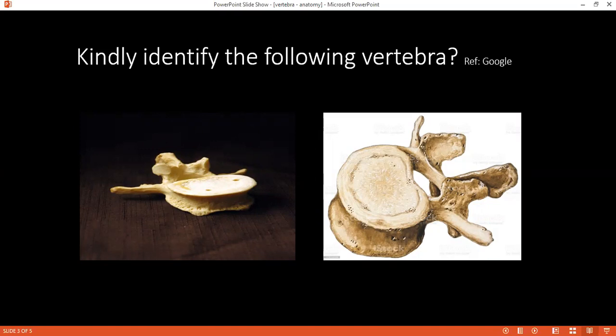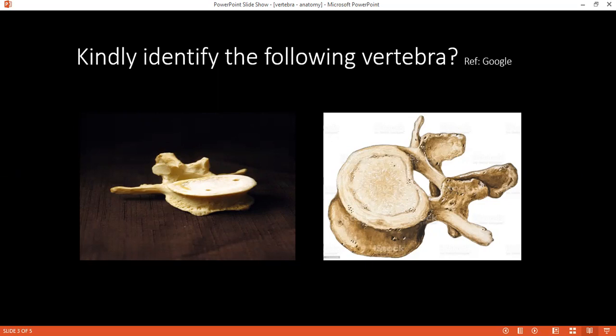Approximately, in the order 1, 2, 3, 4, 5, which lumbar vertebra could that be? Yes, ma'am. Most probably it's the first lumbar vertebra. Why?